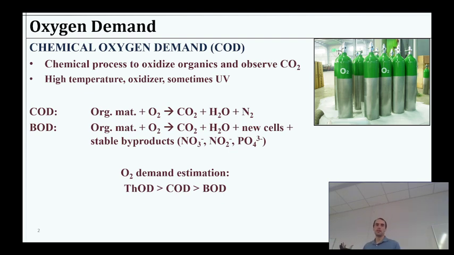So you're basically burning it. In water, that usually looks a little more like using high temperature. Maybe you're adding some oxidizer like sulfate or something that just has a lot of oxygen that really wants to react with stuff. Sometimes you'll add ultraviolet light, and essentially what you're going to do is oxidize it, and you're going to form CO2, water, and if there's nitrogen in the stuff, you'll probably form nitrogen as well.